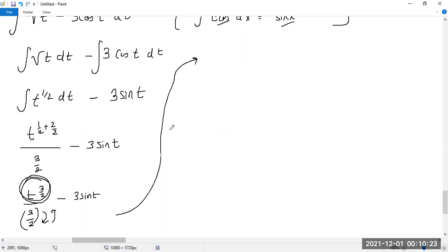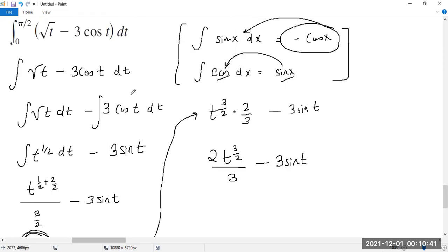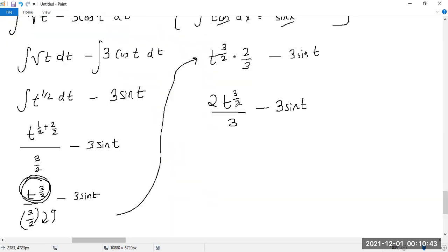So you have t to the 3 over 2 times 2 over 3 minus 3 sine of t, which is just 2t to the 3 over 2 over 3 minus 3 sine of t, and that's our integral, evaluated at pi over 2 and 0.